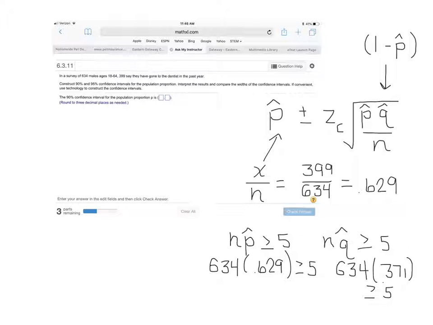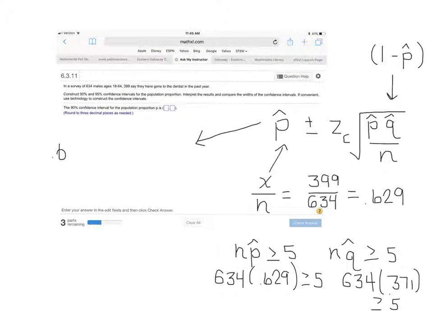So now we're going to go ahead and calculate the interval. We're going to take our sample proportion, which is again our 0.629, plus and minus our critical value, which we learned how to find using the table of critical values for the normal curve in section 1. And so for 90% confidence, that's 1.645.